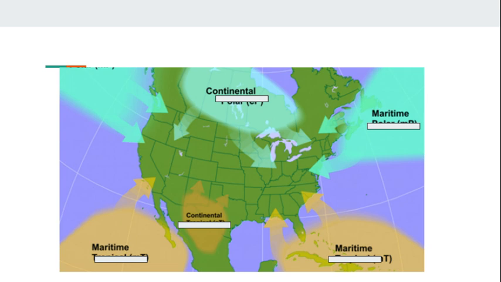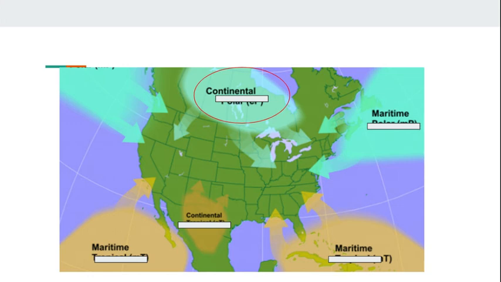Let's take a look at this map. Looking at the map, we're going to start in the very top at the northern tip of the continent. At the very top, I have circled a continental air mass in the northern US and southern Canada. This mass was formed over land, meaning it's going to have less moisture and less humidity.